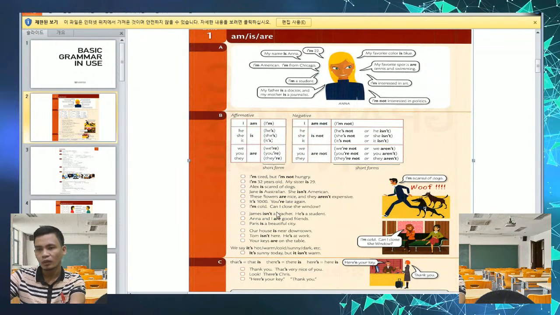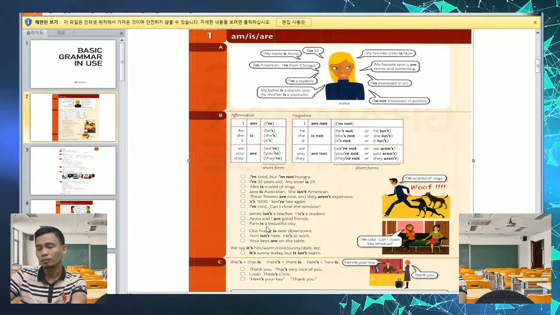We also have Anna and I are good friends. We can see here that there are two subjects, Anna and I, so we have to use the word are as the linking verb in the sentence. We also have Paris is a beautiful city. Why are we using is in the sentence?